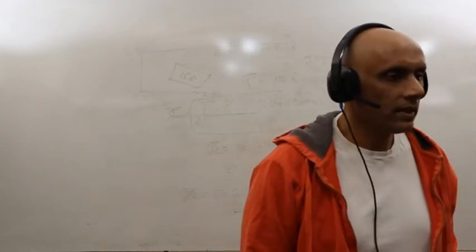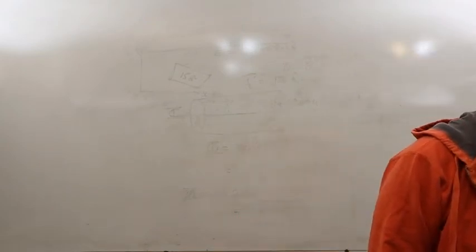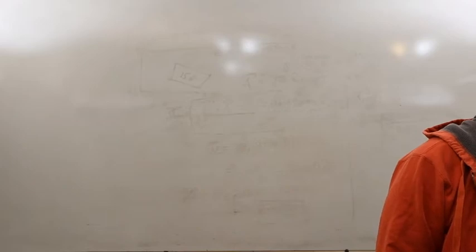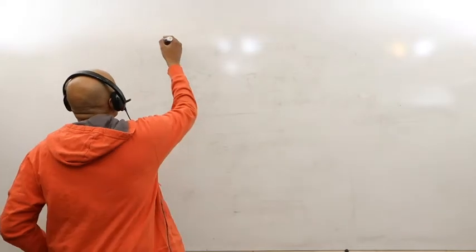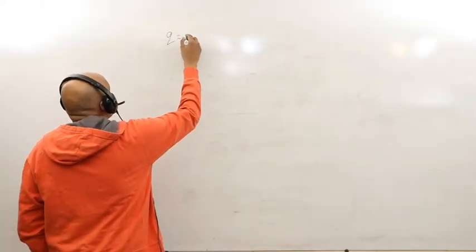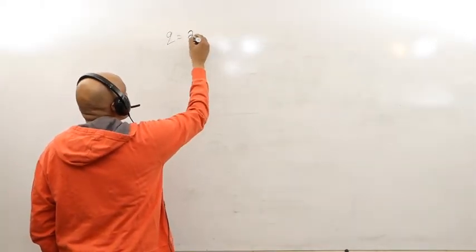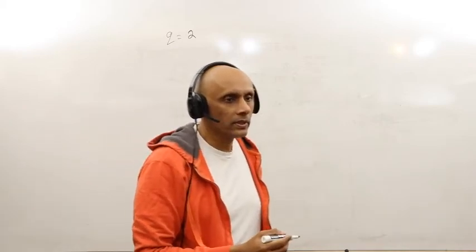So this is exam review question, exam review 3, question number 6. So we have a charge Q equal to 2 coulombs. I'll just write 2 because we're in standard units.